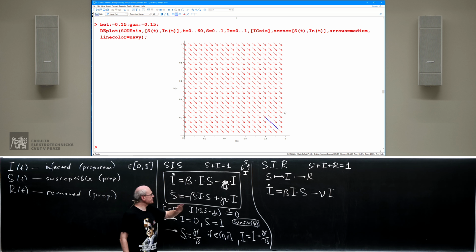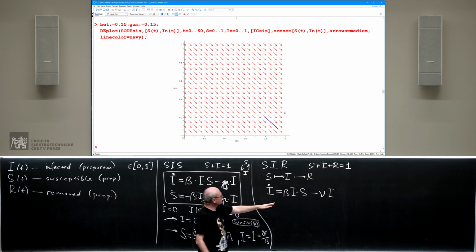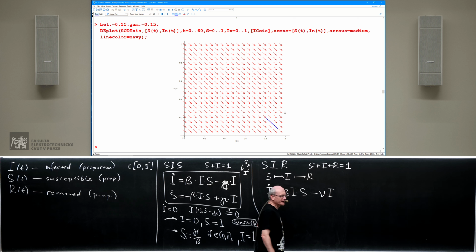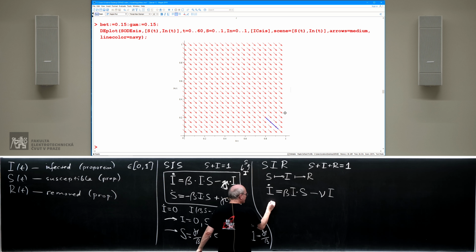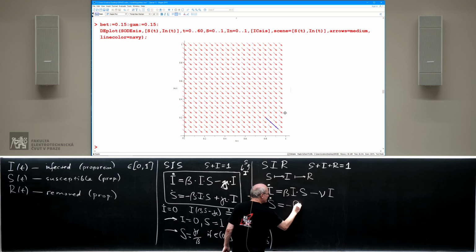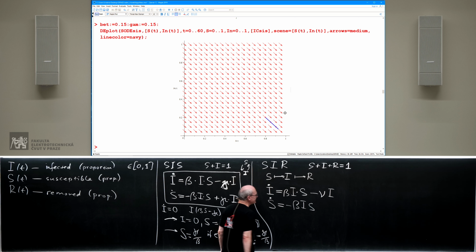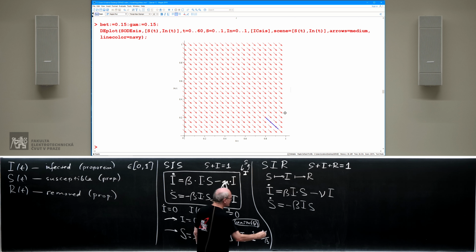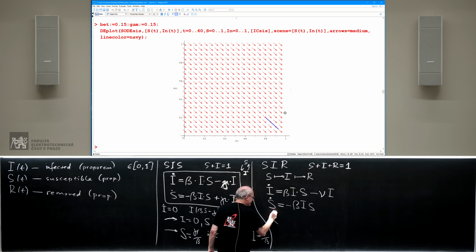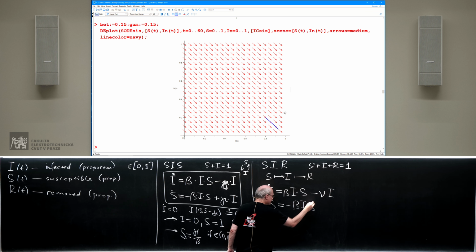This is, let's say, less popular. Everybody knows gamma. Nu, okay, that's another Greek letter. How about susceptible people? Now, they are just losing members. They are losing them to the infected group. And they are not gaining any new members, while the last group, removed, keeps gaining new members from the infected group. So that's the system.